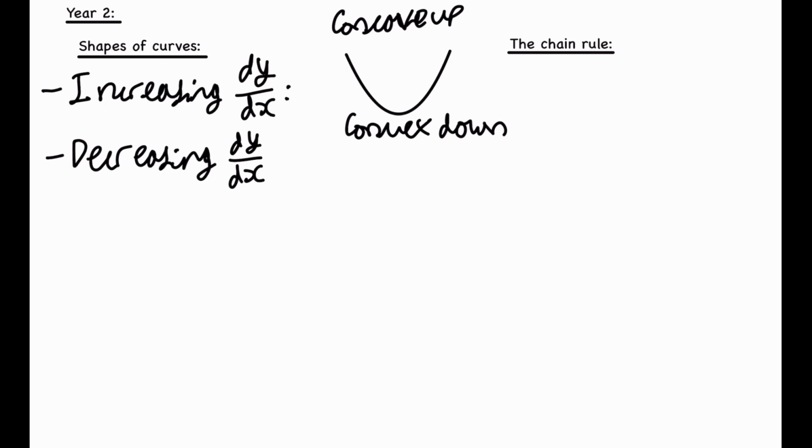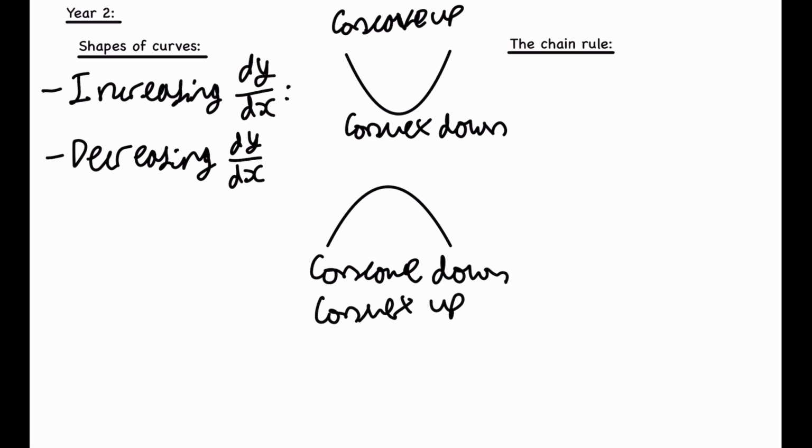And for a decreasing gradient, we will have something that looks like this. And we would call this concave downwards or convex upwards. And the convention is to use the down. So if they say convex, you would just assume it's convex down. And if they say concave, you would assume it's concave down. So the yellow is the convention.